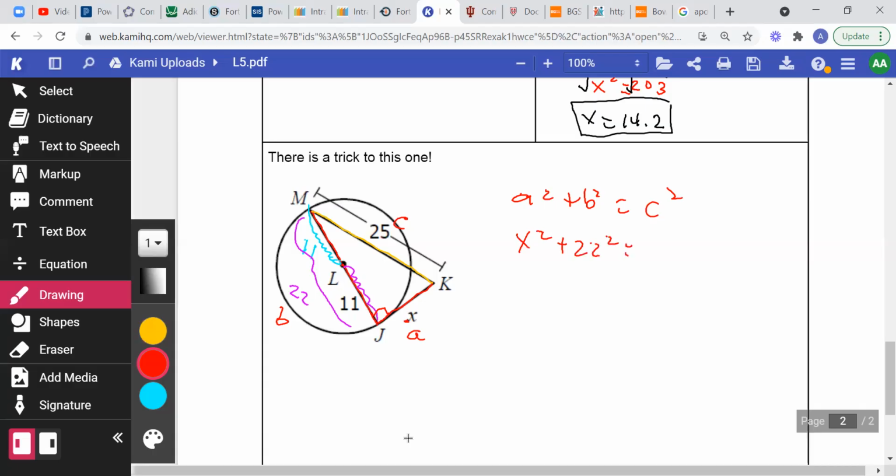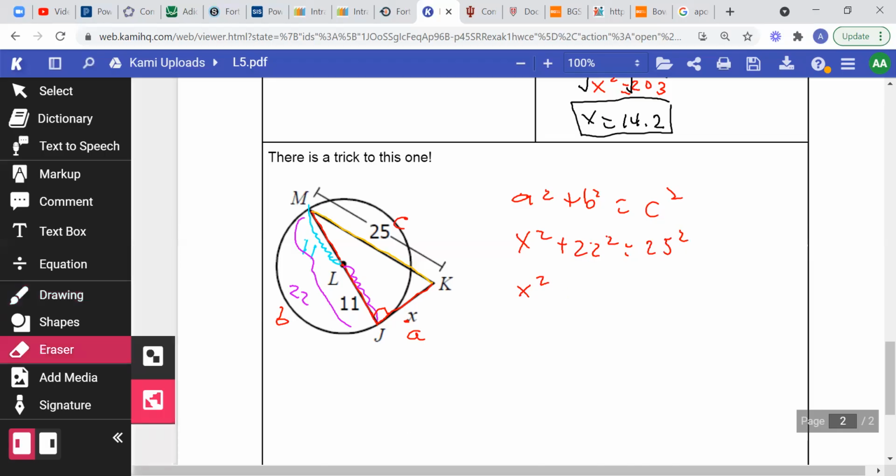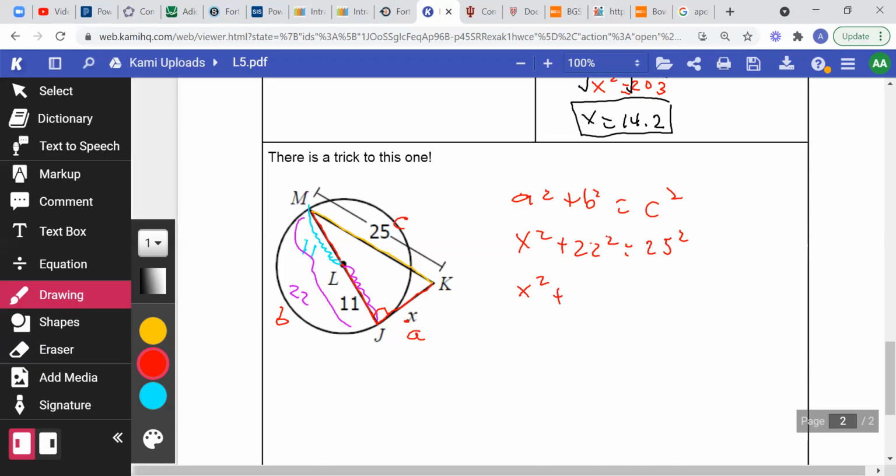And then what is C? 25. 25. What is 22 squared? What is 22 times 22? 484. 484. What is 25 times 25? 625. 625. Then what do we do next?